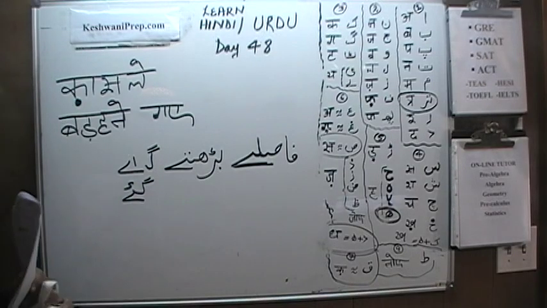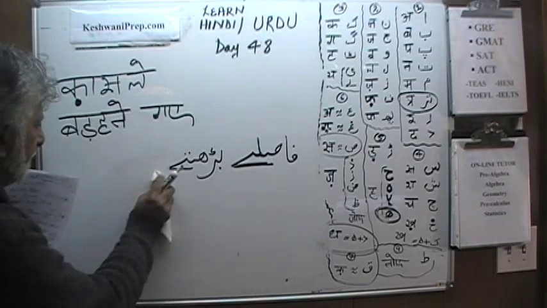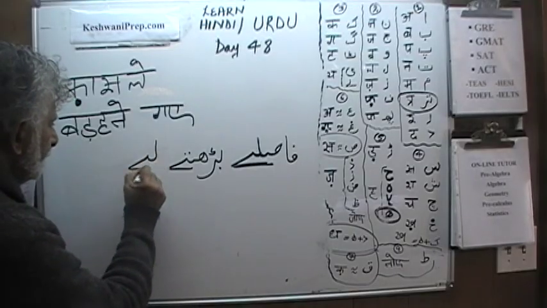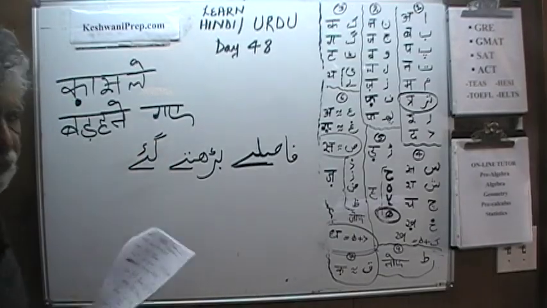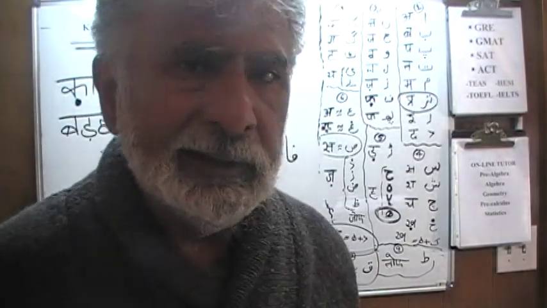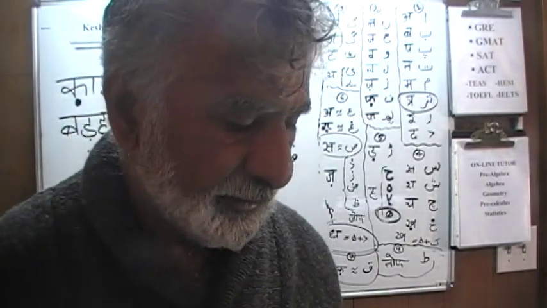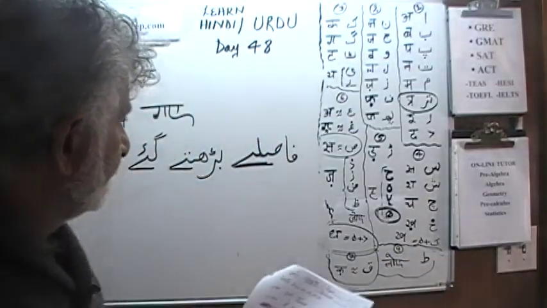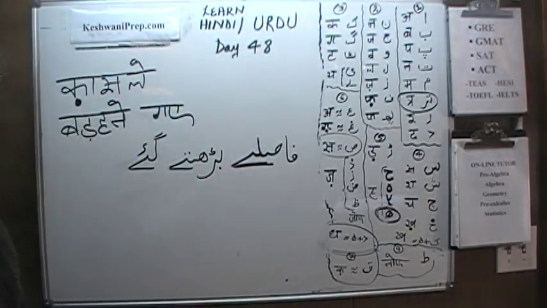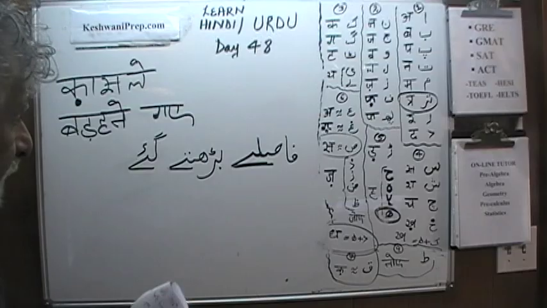Gaye. Fasle barhate gaye. The distance kept increasing between us, between he and I. We never came close to each other. Our distance kept going up and up.